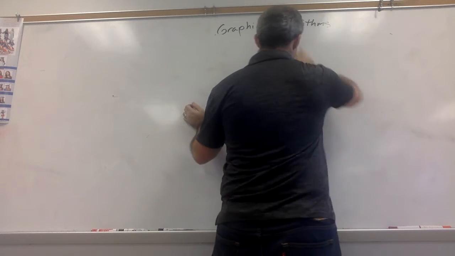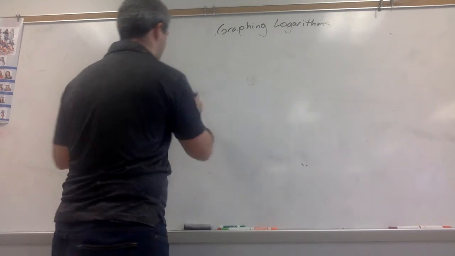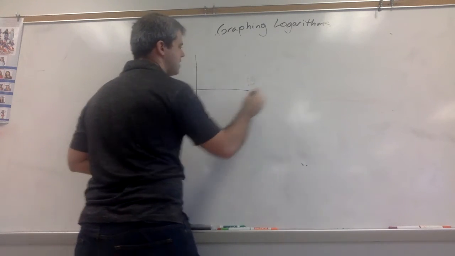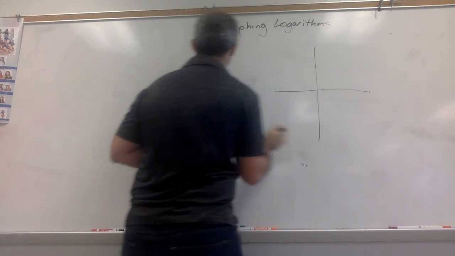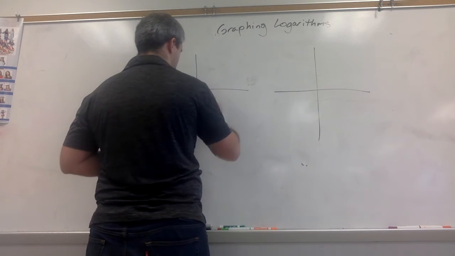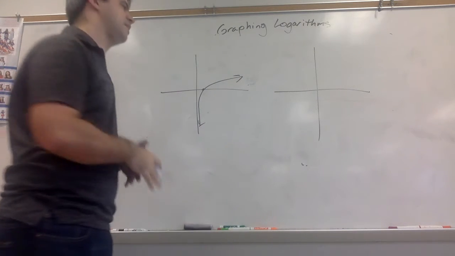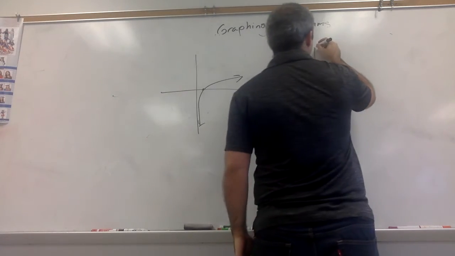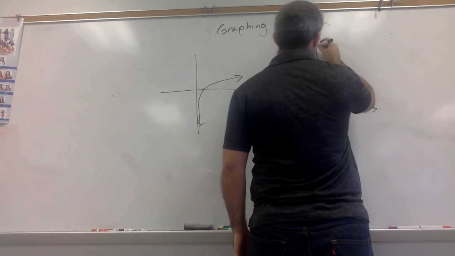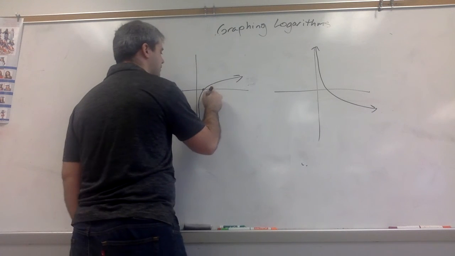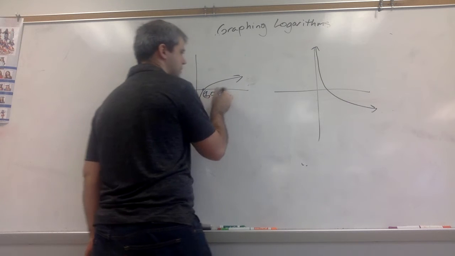All right. So let's look at 2 of our parent functions here. We had the one that was the inverse of exponential growth, and we have the one that's the inverse of exponential decay. And we know both of them have the point 1, 0.